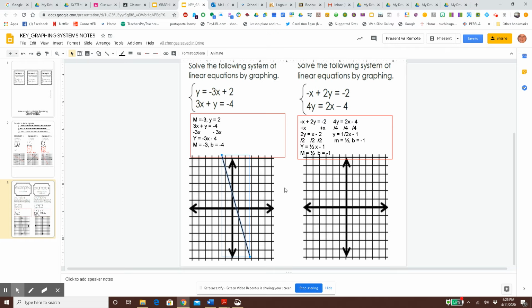Second one, starting at -4. So 1, 2, 3, 4. And if I went down 3 and over 1, of course, I'd be off. So I'd have to do the opposite, and that's going to be go up 3 and over a -1, up 3 over a -1.